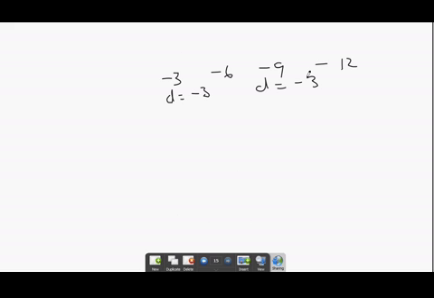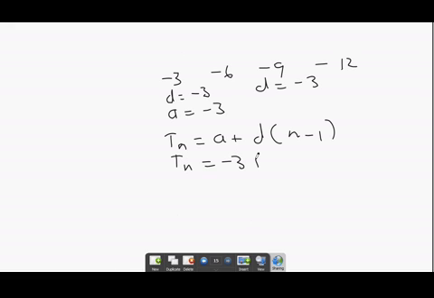You can just click on that video and see how we find our D. And our A is equal to negative 3. So if I want my general formula, remember it is A plus D bracket n minus 1, and then we substitute. Our general formula is Tn is equal to negative 3 for A, plus, substituting straightforward, minus 3 for D, close bracket n minus 1.